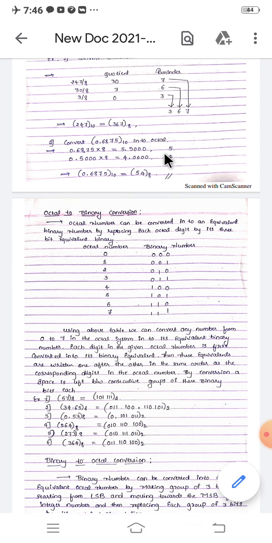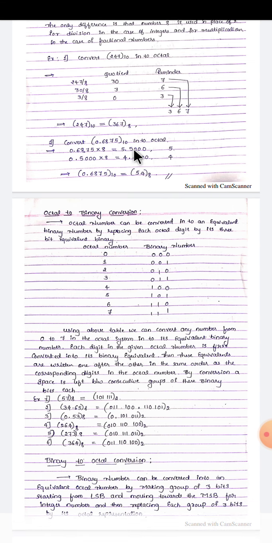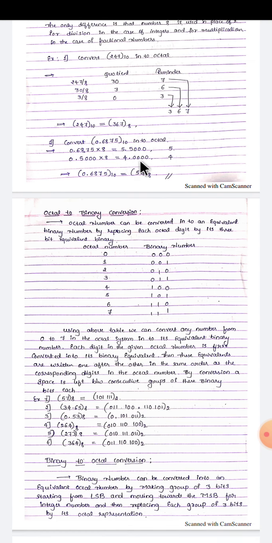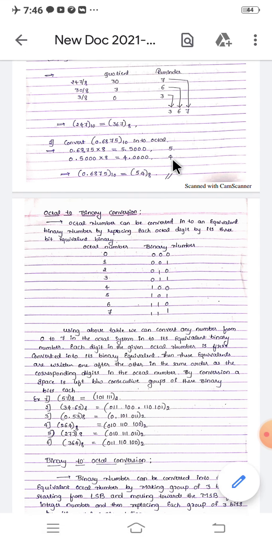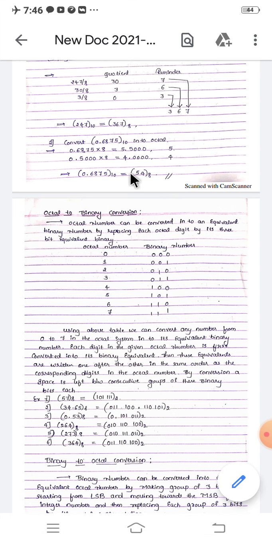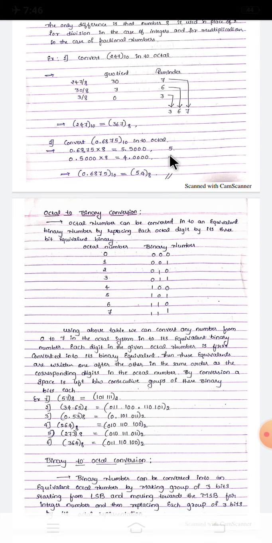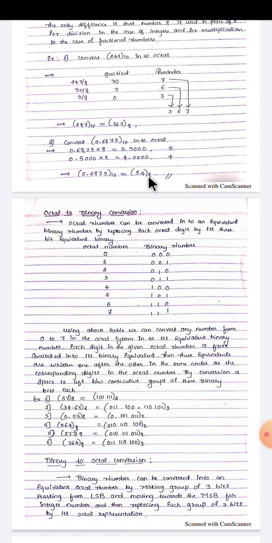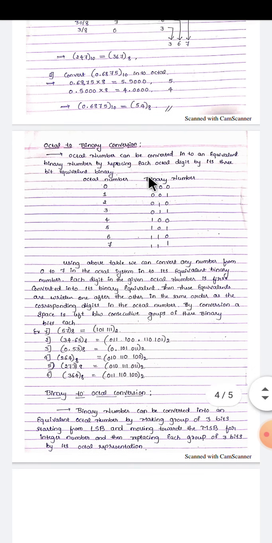So for decimal to octal, first write 5, next 4, in the same order with base 8. That is the conversion of decimal to octal.